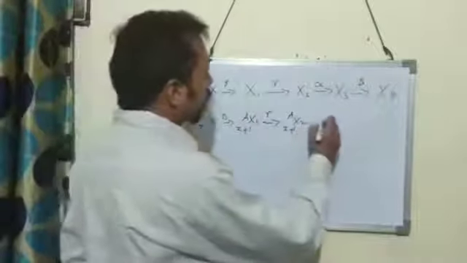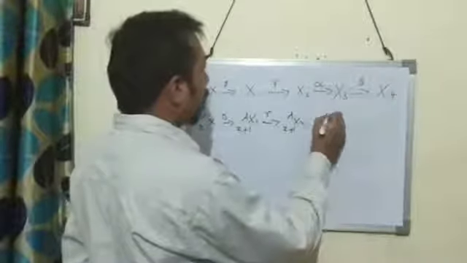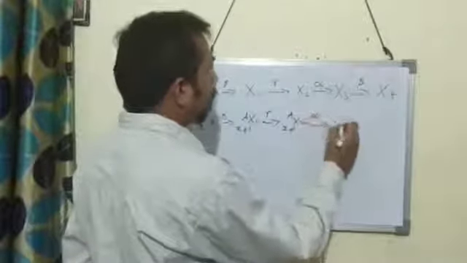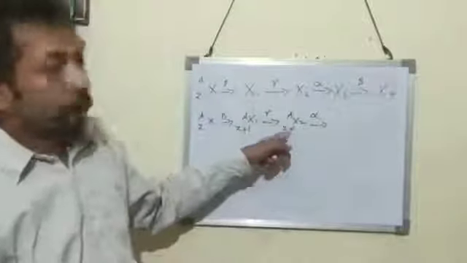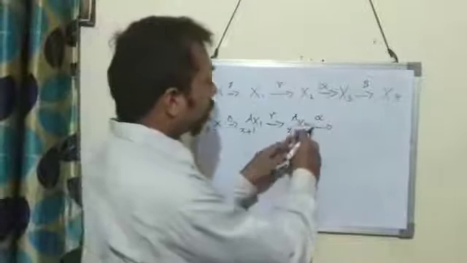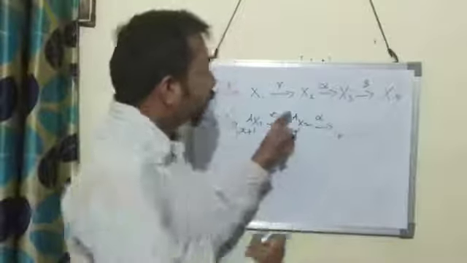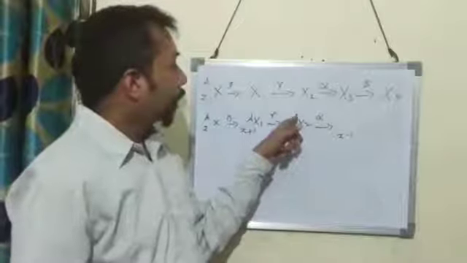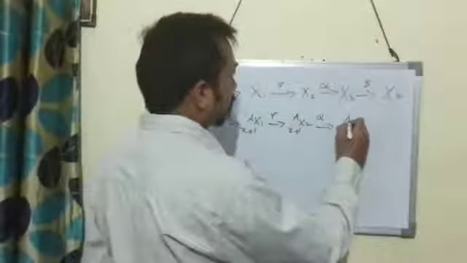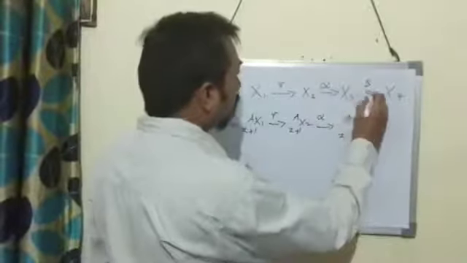Then next it gives an alpha particle. In alpha emission, the atomic number decreases by 2, so Z plus 1 minus 2 will be Z minus 1, and the mass number decreases by 4. So this is X3.